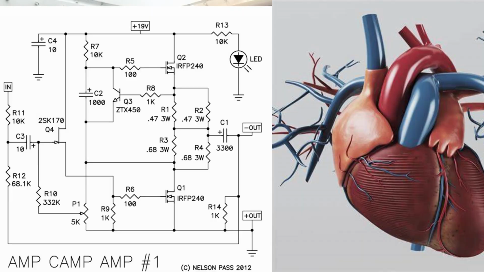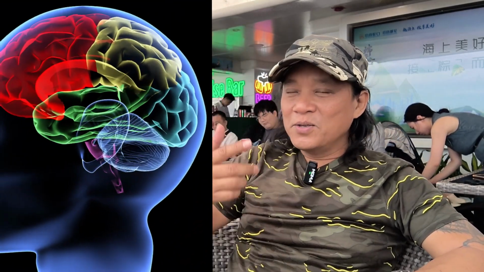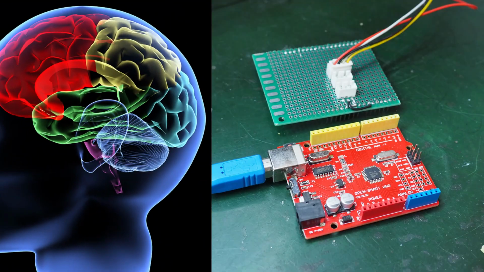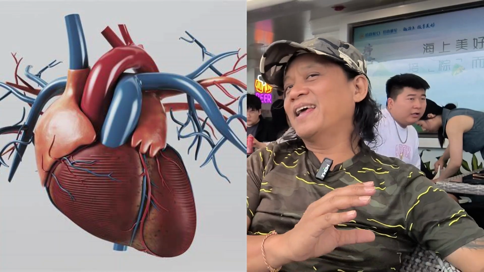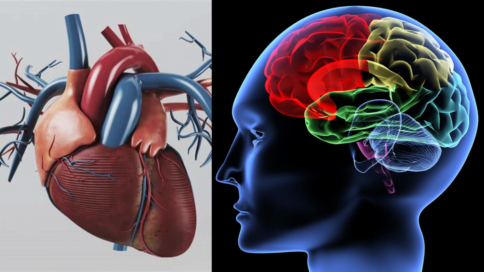But they never thought that I'm going to include a digital brain, again based on the Arduino, to protect the analog part from being damaged. That is why the combination is very interesting, the analog heart and the digital brain. And I'm going to focus 90% on that digital brain using the Arduino solution.